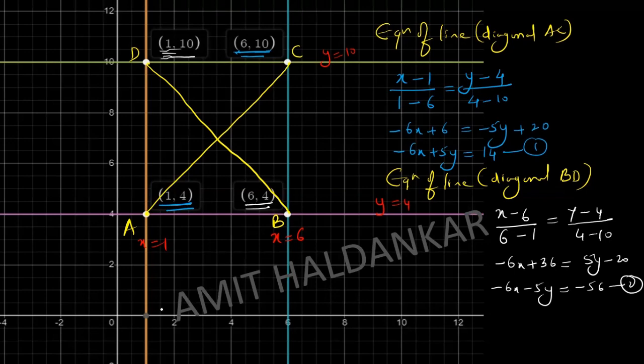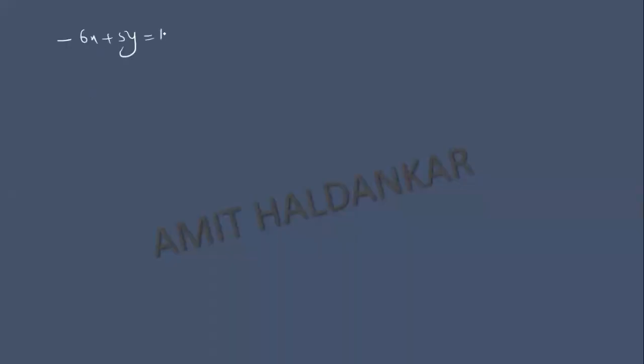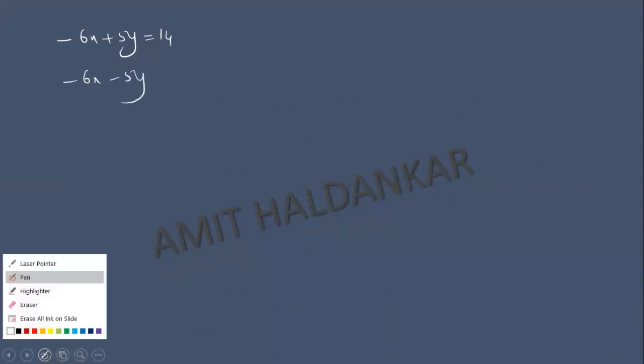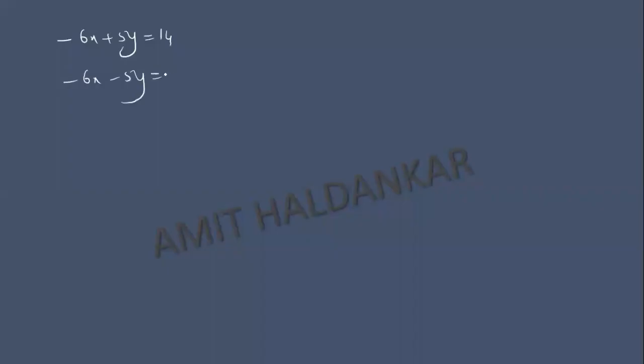Now when we solve these two equations, that is minus 6x plus 5y is equal to 14, and minus 6x minus 5y is equal to minus 56.